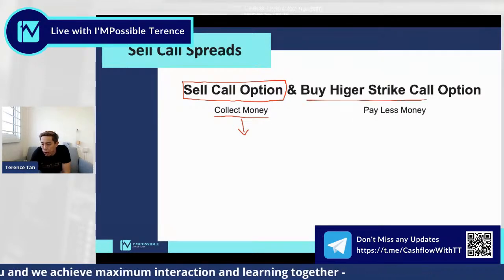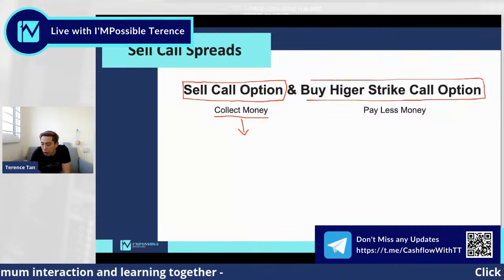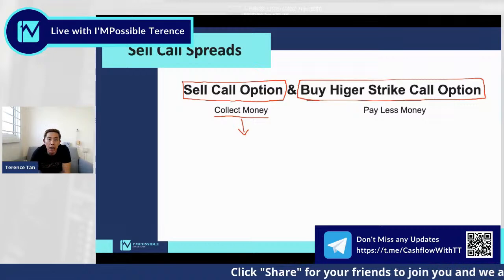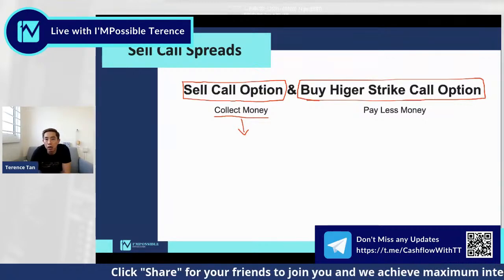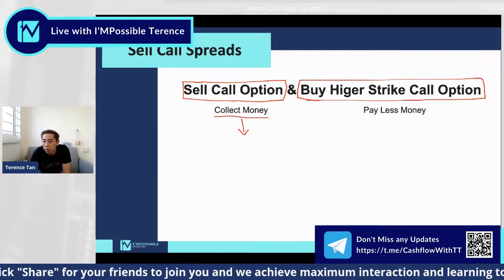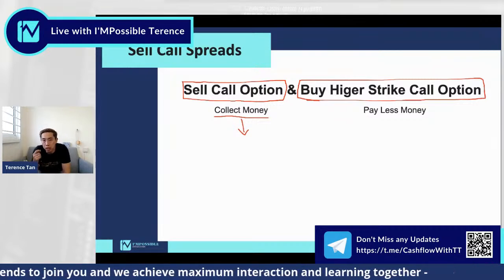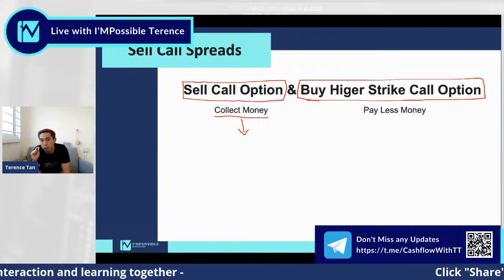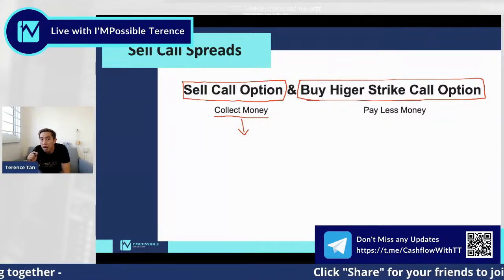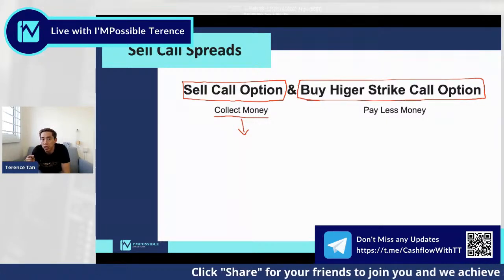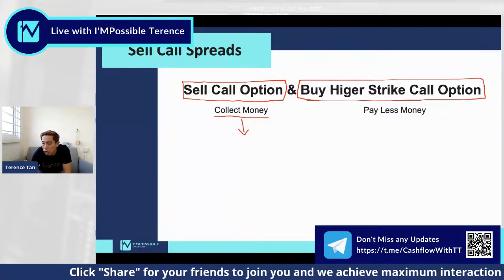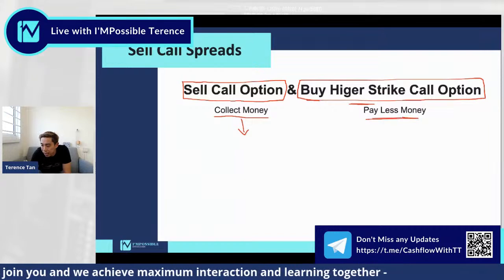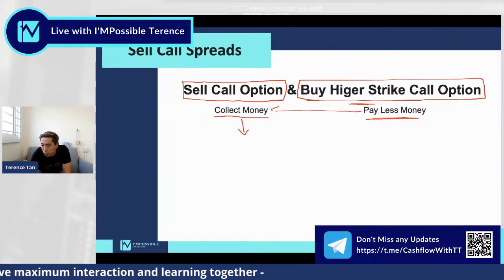That is where you spend a little bit of that money and buy what we call a higher strike call option. So you sell a call option, decide what strikes you're going to pick, and then you use a little bit of the cash that you've collected to pay for a higher strike call option than the one you have sold. You do this because the higher strike call option will cost less than what you have collected.